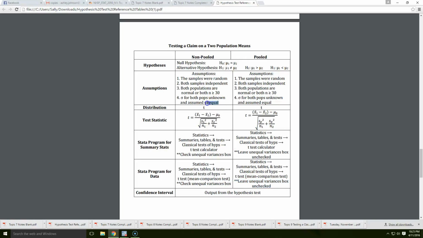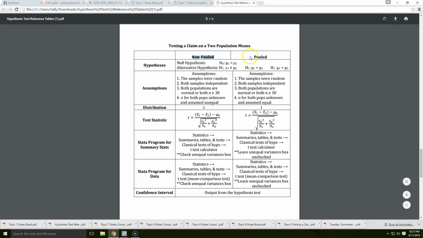If you have unequal standard deviations, you check the unequal box. This test being called pooled and non-pooled doesn't really jibe with this, so I would just link these 2 together.